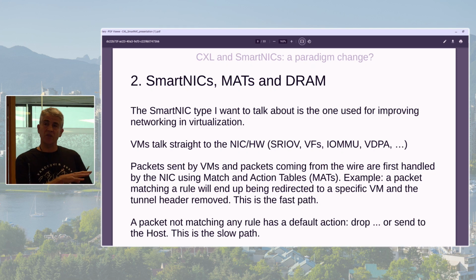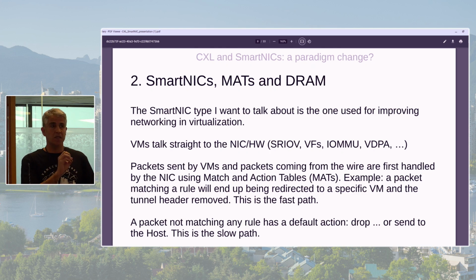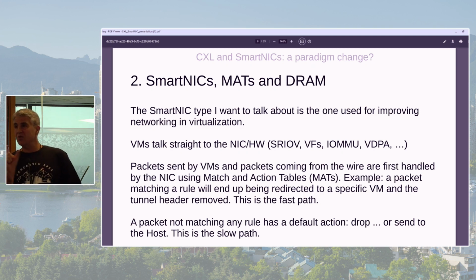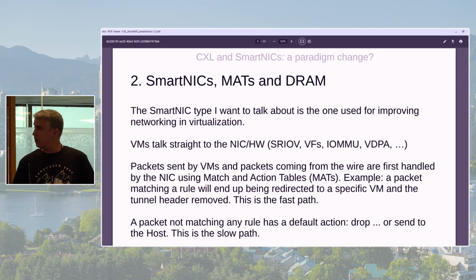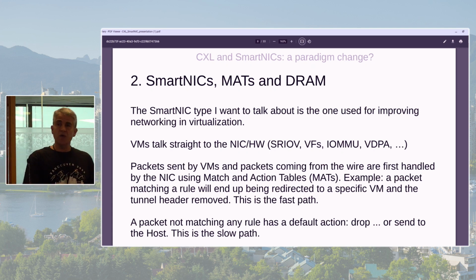You don't want to have the device emulated with a backend in the host using CPU cycles, because you want to give those cycles to the client that is paying for the VM. So you have SR-IOV, you have virtual functions, so you give chunks of the NIC to those VMs. You have the IOMMU for ensuring that from inside the VM you can program DMAs without putting other VMs or the host at risk. You can have things like vDPA, virtio through hardware offload.